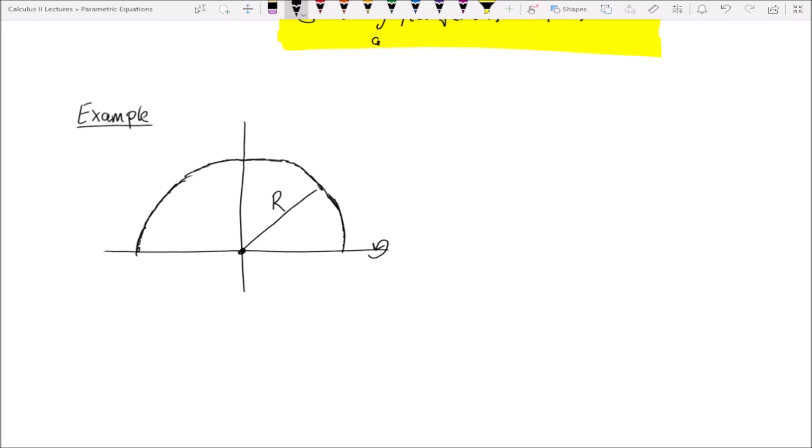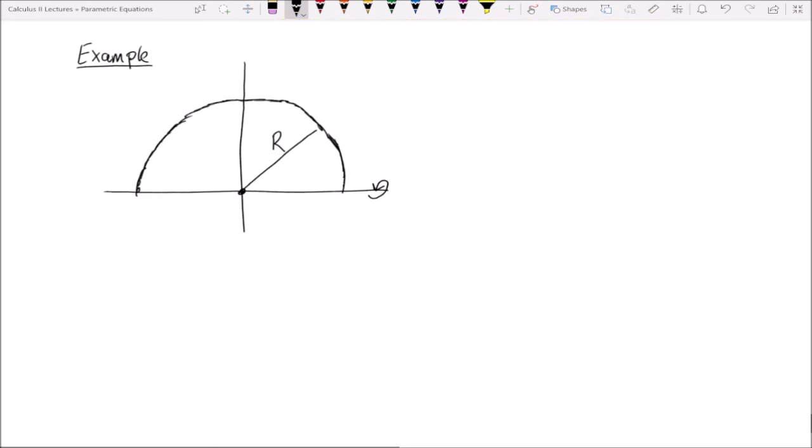So this semicircle can be parameterized by r cosine of theta, r sine of theta, except now we're going to go from 0 to pi. We only want half the circle.